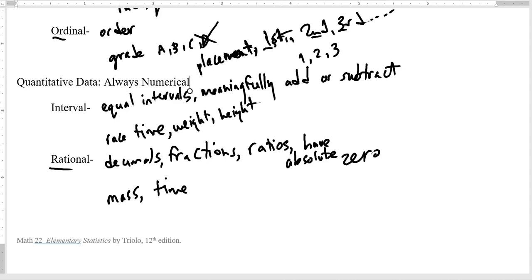This can get a little confusing, but the big difference on this is, and I love this, you can check if you can meaningfully multiply and divide. The question I like to ask is, can you have twice as much?